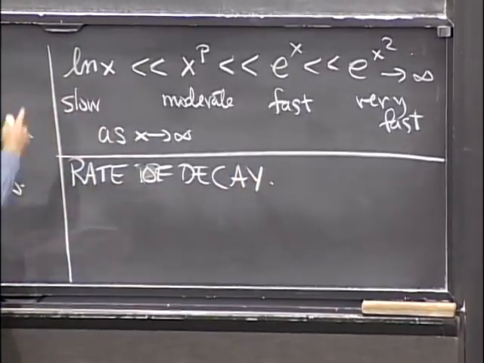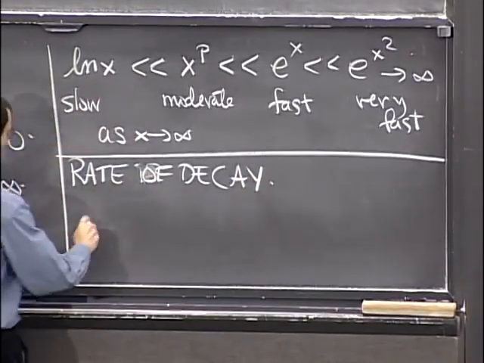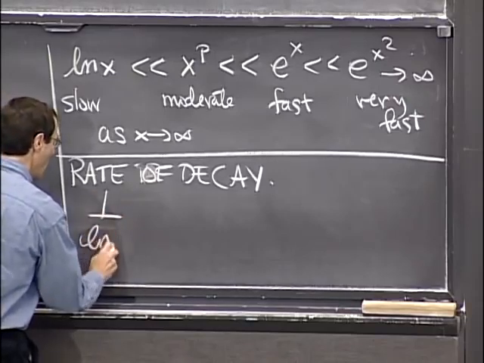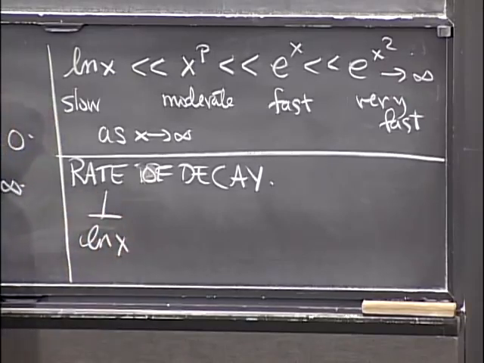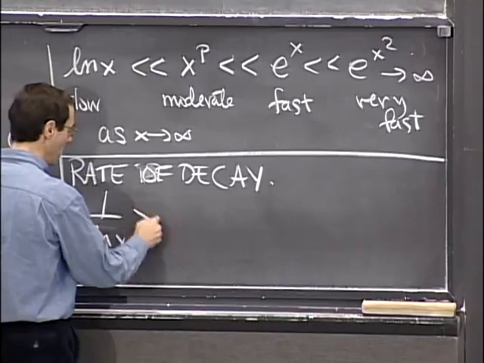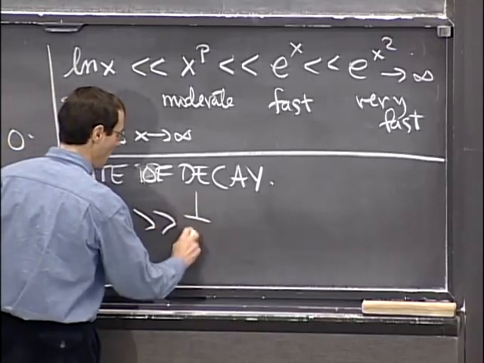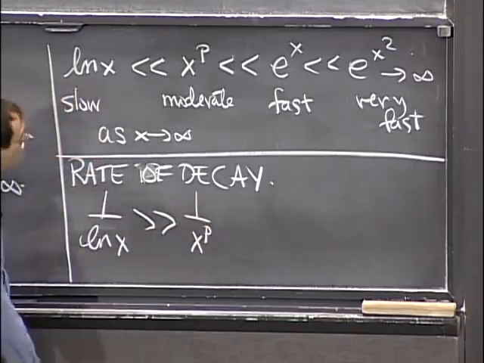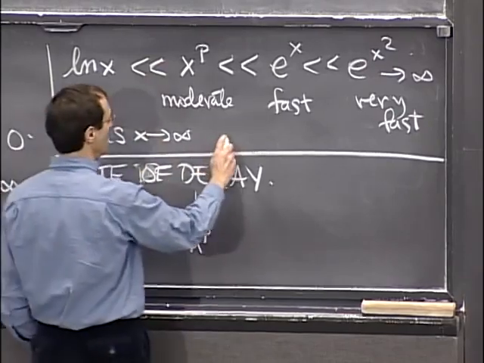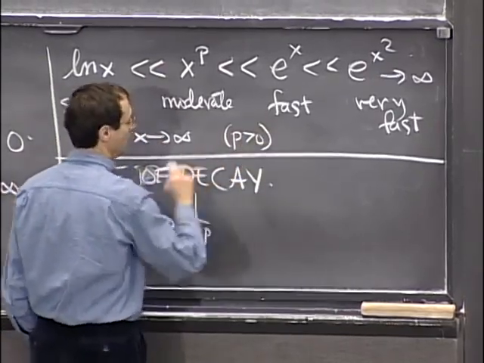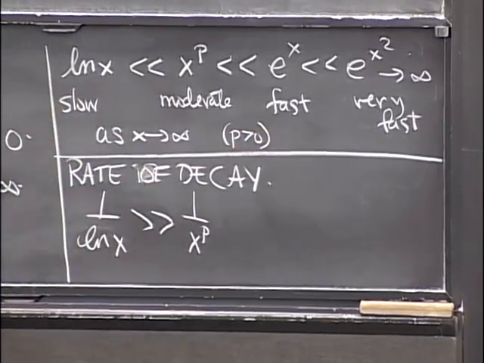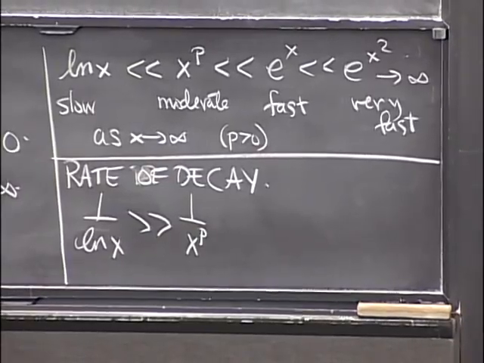And for that I'm just going to take reciprocals of these numbers. So 1 over log x tends to 0, but rather slowly. It's much bigger than 1 over x to the power p. Oh, I didn't mention that this exponent p is meant to be positive. That's a convention that I'm using without saying. I should have told you that.